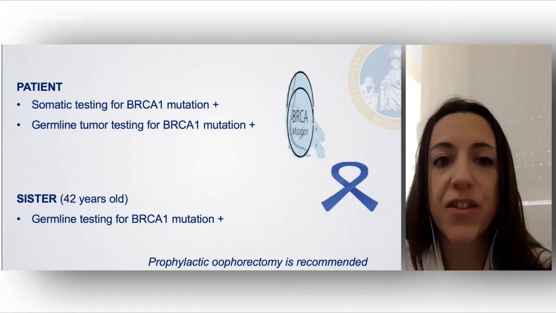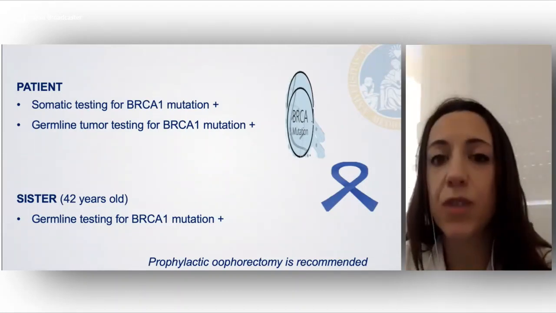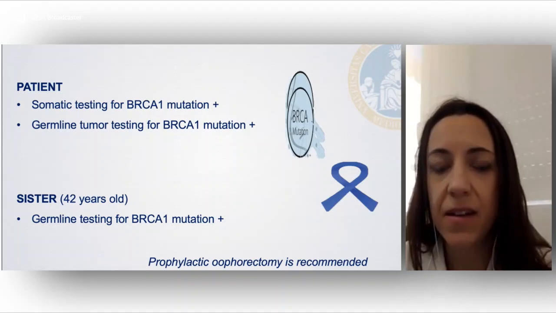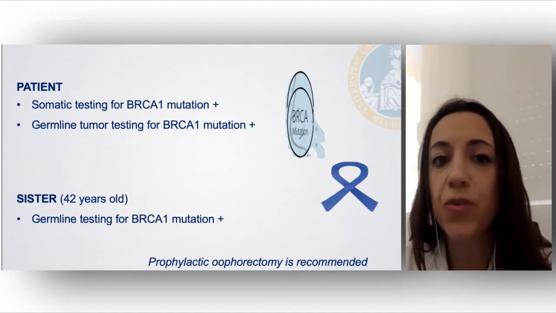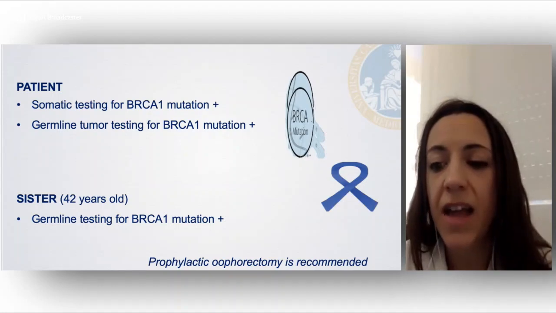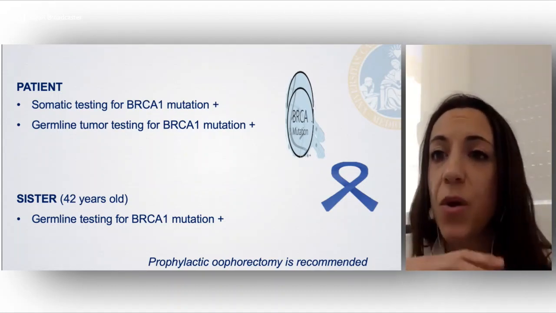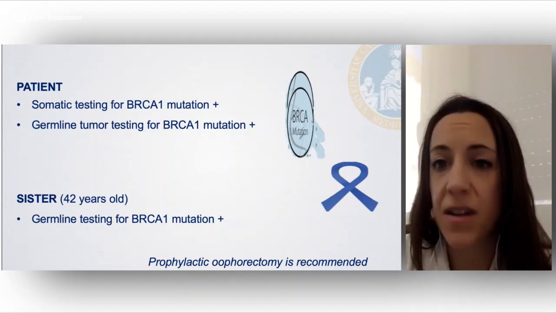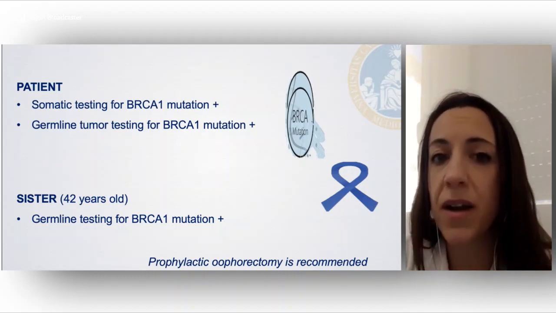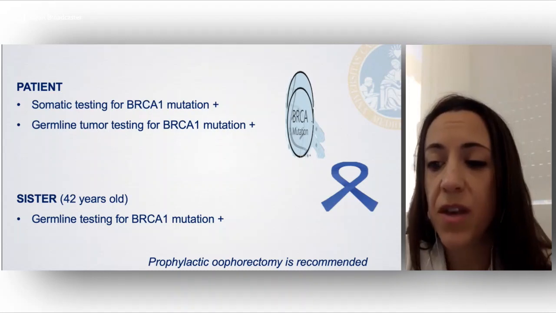The somatic testing for BRCA mutation was positive. Then the germline testing was positive as well. And then, because there was also a family history of breast cancer, the patient was BRCA1 mutation positive.